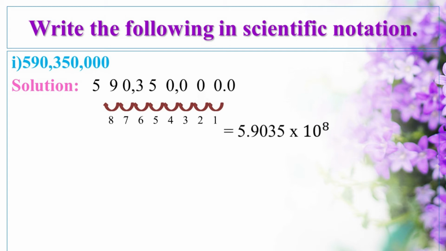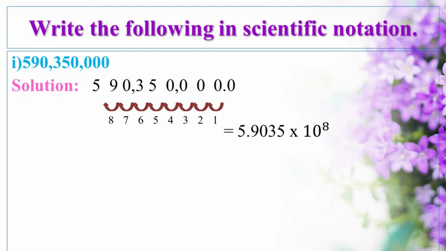Therefore, the number can be written like this: 5.9035 into 10 power 8. This power 8 indicates how many steps we have moved from right side to left side. See, 8 steps we have moved.